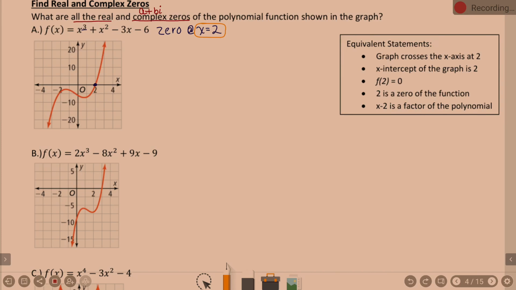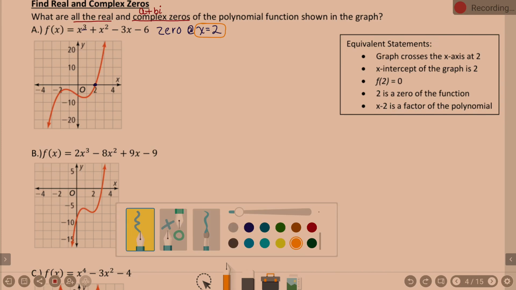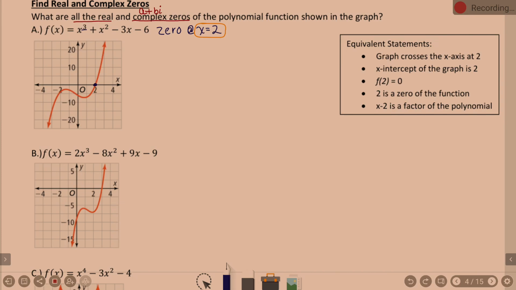Okay, and for reference, also keep in mind, a 0 of x equals 2, what does it look like as a factor? In other words, if you put x equals 2 in parentheses, it comes from the factor what? x minus 2, right? So I just want you to realize that a 0 at x equals 2 is the factor x minus 2.